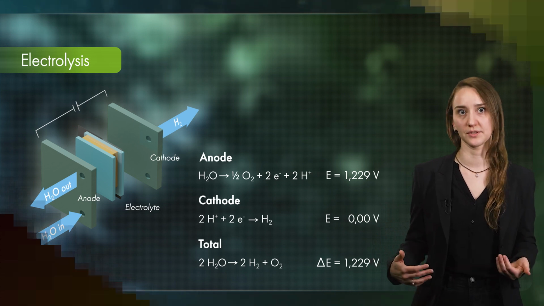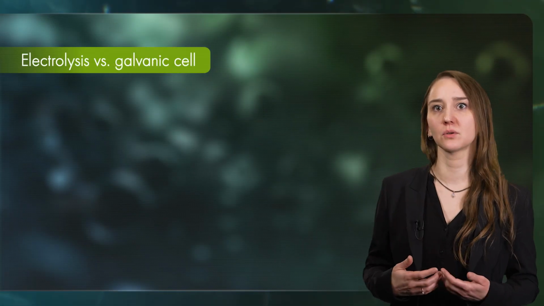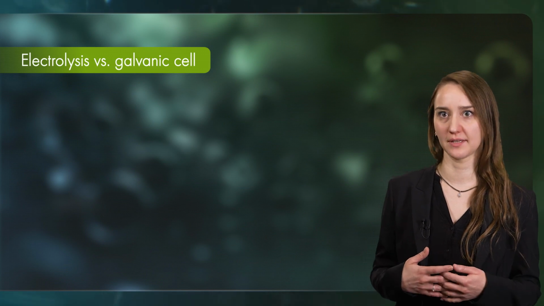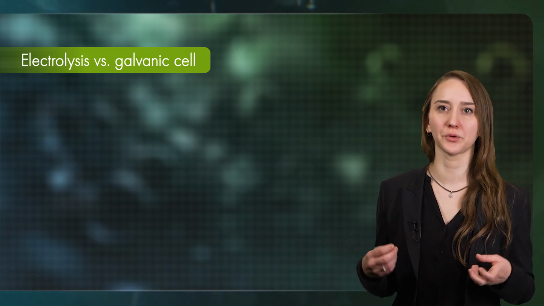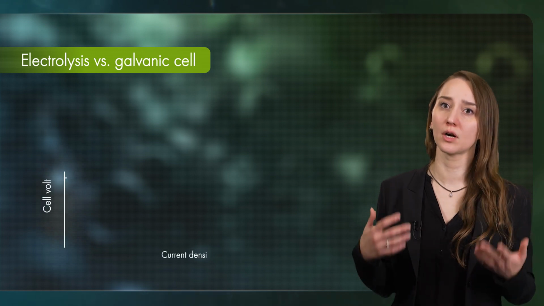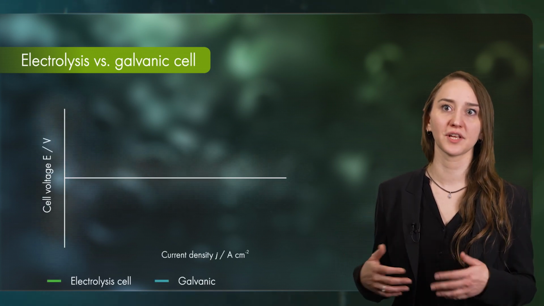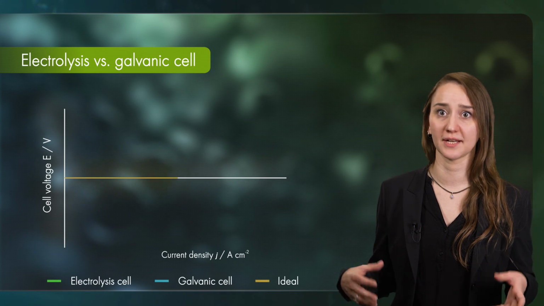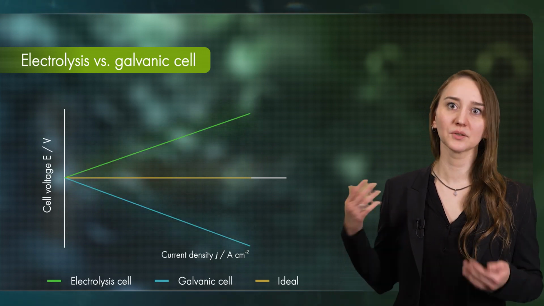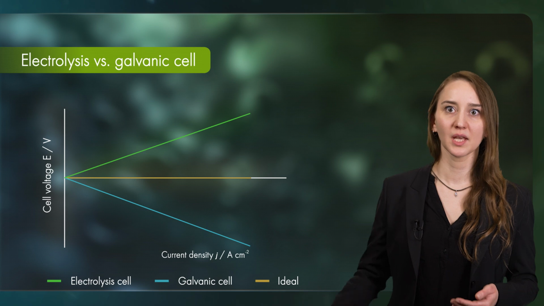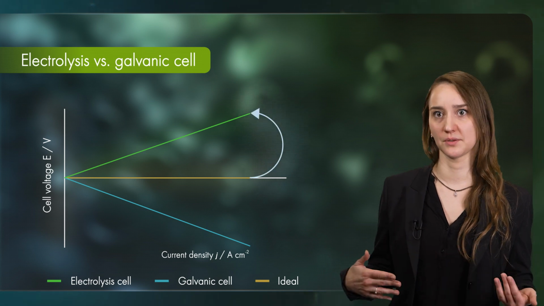As each electrochemical reaction has a potential at which it occurs, we can also define potentials and a total voltage for water electrolysis. However, we must note that water electrolysis does not happen spontaneously. In other words, we need to force the reaction to happen. And the more current we force, the higher the voltage and the higher the energy consumption of the electrolysis cell altogether. You can see this in the simplified graph, where the cell voltage increases with increasing current.